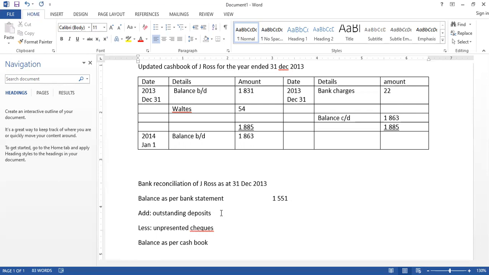Now, the outstanding deposits and the unpresented checks are the amounts that are appearing on the cash book, but they are not appearing on the bank statement. You understand? Yes. And we said that amounts that are on the debit side of your cash book, but that are not reflecting on your bank statement, are known as outstanding deposits.